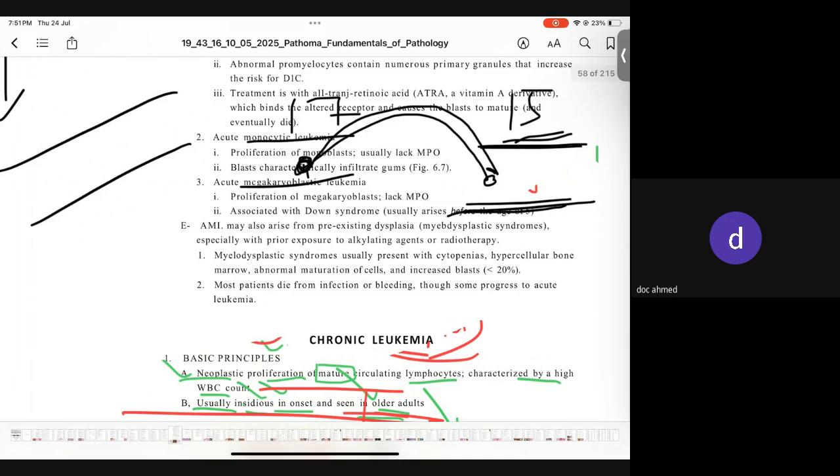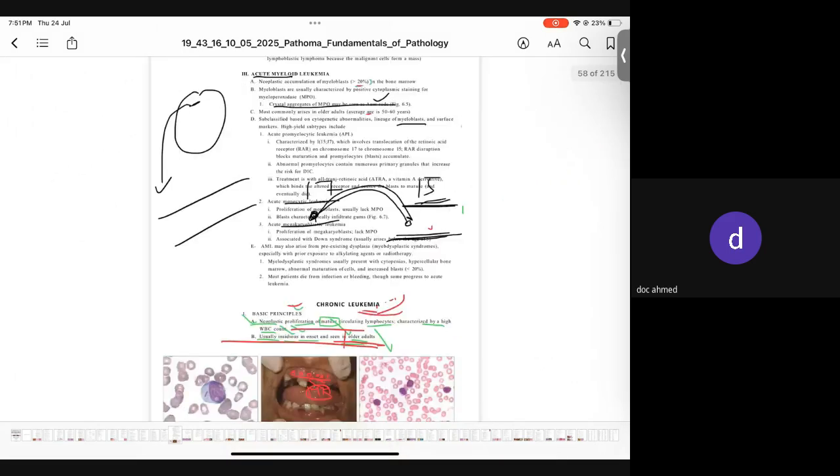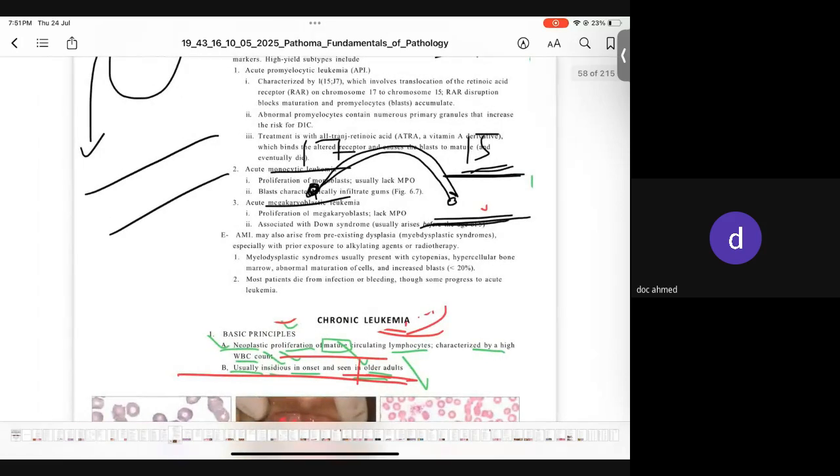We discussed MPO was myeloperoxidase, to fight off bacteria. So if we have cancer of the megakaryoblast, that's called acute megakaryoblastic leukemia. If we have cancer of the monoblast, that's called acute monocytic leukemia, and it can infiltrate the gums. That's really important. Okay, is it clear?